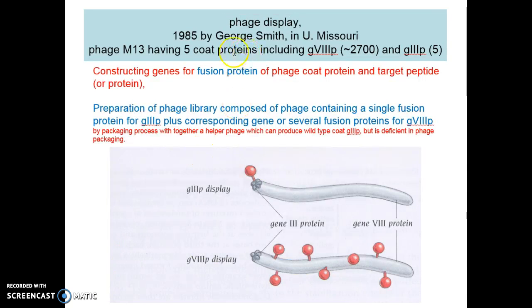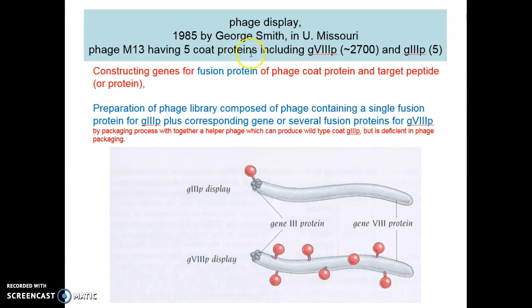Phage display was made in 1985 by George Smith at the University of Missouri. Phage display typically utilizes bacteriophage M13. This filamentous phage contains single-stranded DNA encased in a protein coat.